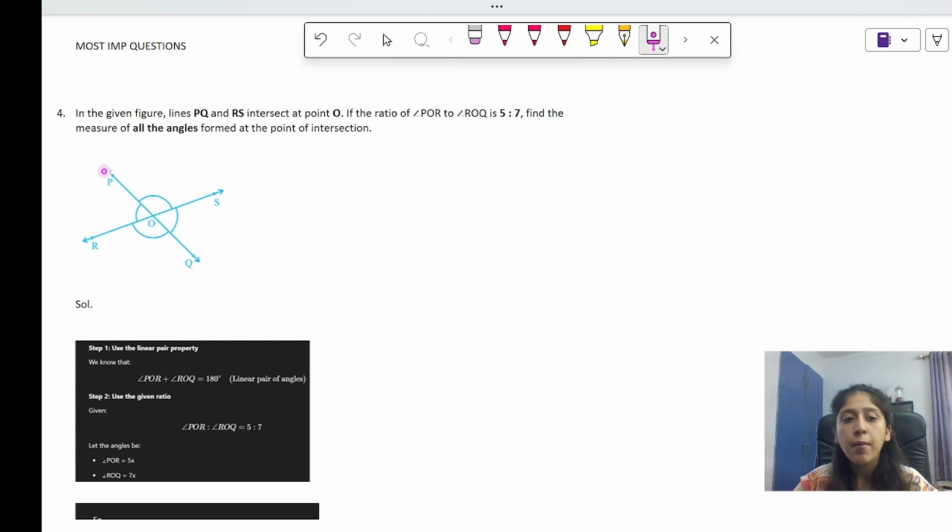The second thing is, because these are intersecting, there are vertically opposite pairs also in this. What are the vertically opposite pairs? POS, this angle, and ROQ, these are vertically opposite, and POR, this angle, and SOQ, this angle, they are also vertically opposite. I hope that is very clear to you, and these concepts have to be very clear.